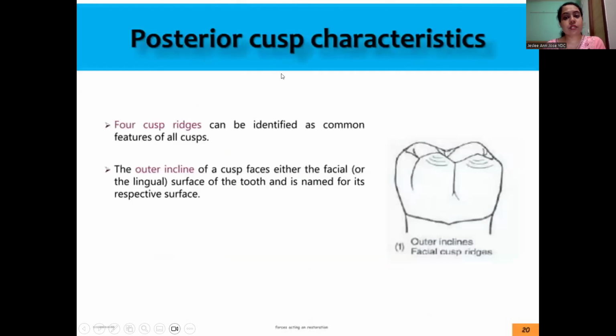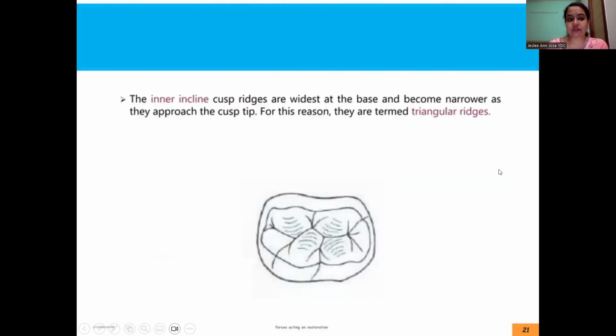So coming to the posterior cusp characteristics, ideally, 4 cusp ridges can be identified for all the cusps. Each cusp has an outer incline and an inner incline. The outer incline either faces the facial or the lingual surface of the tooth and is named for its respective surface.